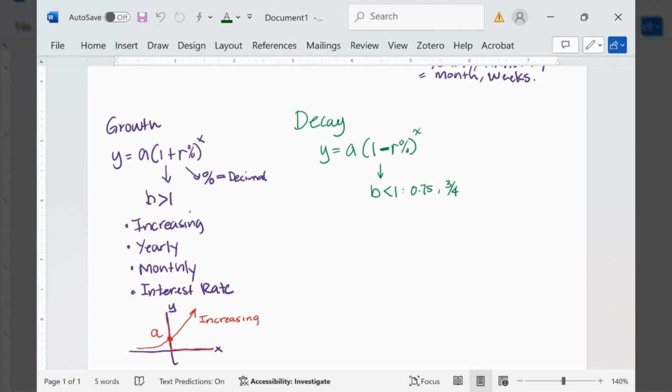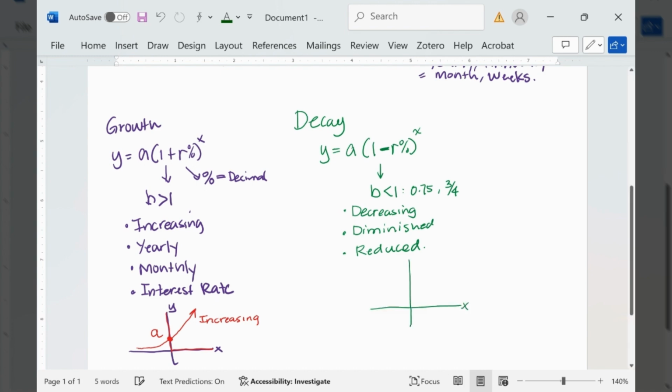Okay. Now the words or vocabulary that they're going to use for decay are decreasing, diminish, and reduce. Okay, here we go. Now the graph of a decay will look like this.